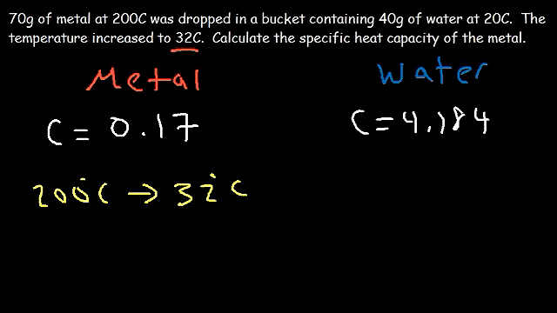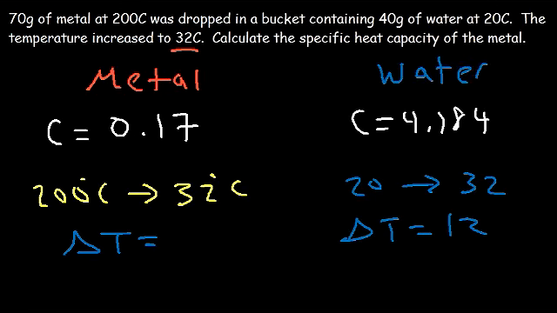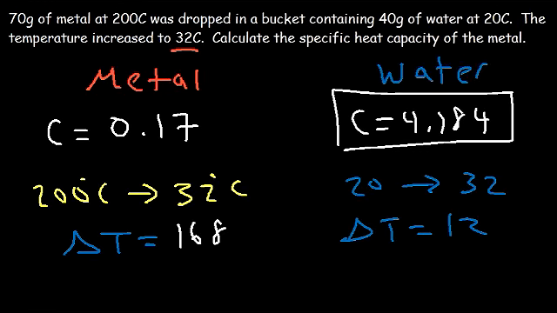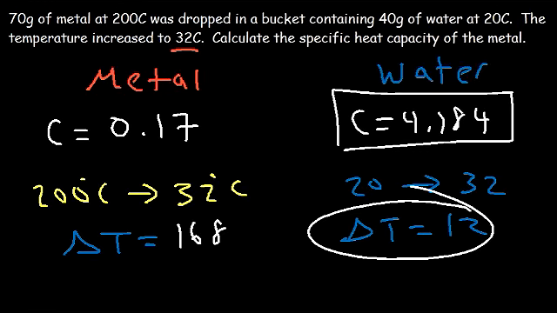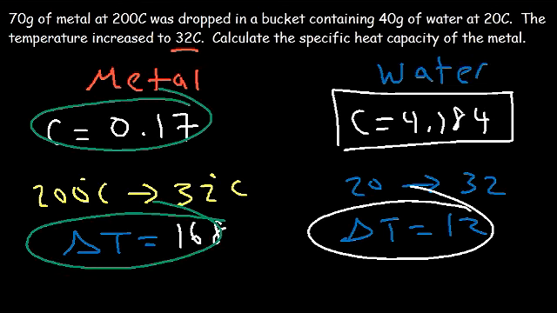But for water, it increased from 20 to 32. So here, the temperature change is only 12. And on this side, the temperature change is 168. So notice that a substance with a very high heat capacity typically experiences a very small temperature change for the same amount of energy. A substance with a very low heat capacity will experience a very high temperature change.